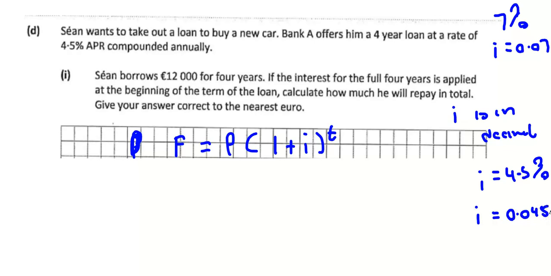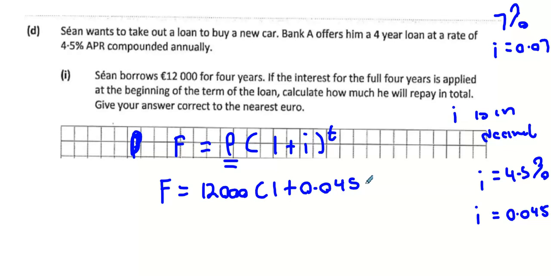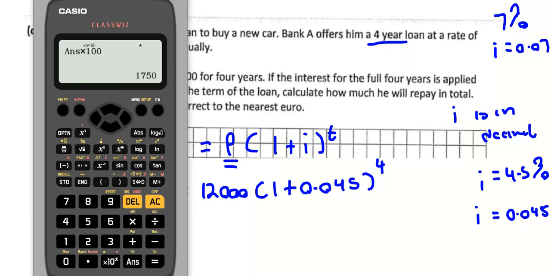yeah, exactly. Your final value, P stands for your principal or initial value. Your initial value is 12,000. Your I value then, it's going to be 1 plus your I value. And to what power, lads? How many years are we taking this loan for? 4. Throw all that into the calculator.